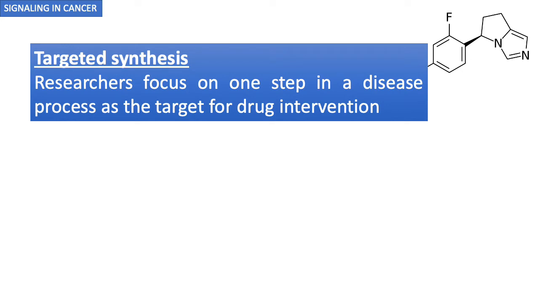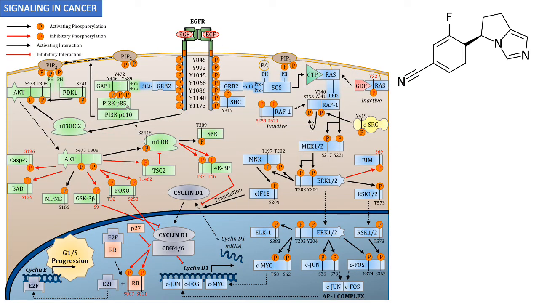With the targeted synthesis approach, researchers focus on one step in a disease, such as cancer, and they pick a process to be targeted by a drug therapy. For example, this is a huge pathway for a major molecule in cancer, which is called epidermal growth factor receptor. So simply, scientists would target either the AKT or the PI3 kinase pathway.